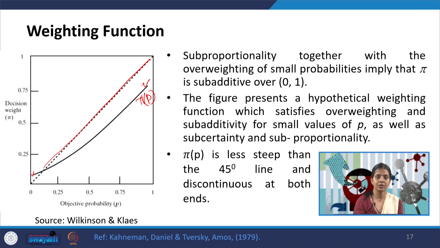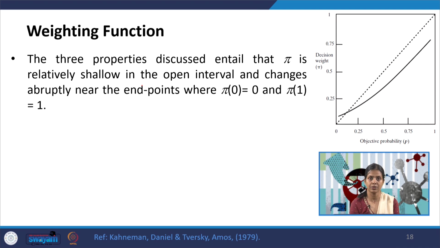Now, we will offer some explanations for this kind of observation. The figure is reproduced here. The three properties discussed entail that pi is relatively shallow in the open interval and changes abruptly near the end points, where pi 0 equals 0 and pi 1 equals 1.